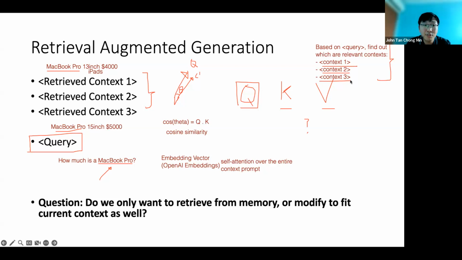When we retrieve stuff from memory, do we just retrieve it wholesale, or do we modify it to fit the current situation? People have done experiments whereby they let you watch a video of a car accident, and in the accident the windows did not shatter. It's just maybe one car bumping into another.